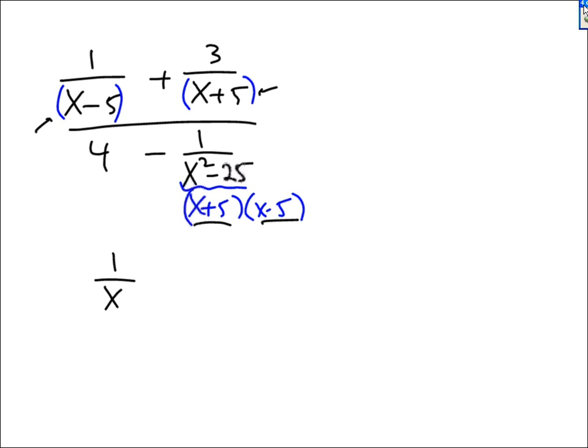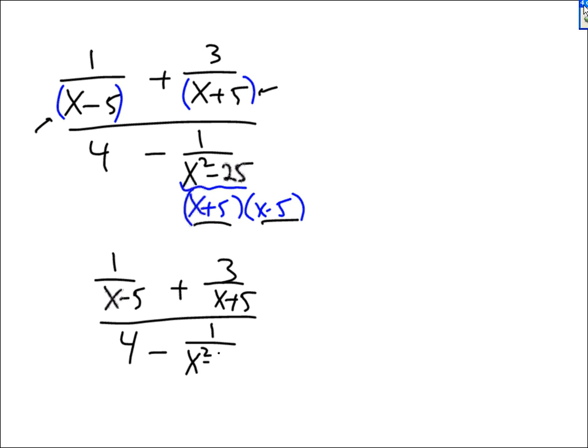You have 1 over x minus 5 plus 3 over x plus 5, over 4 minus 1 over x squared minus 25. So I'm going to denote for now what I'm going to multiply by.